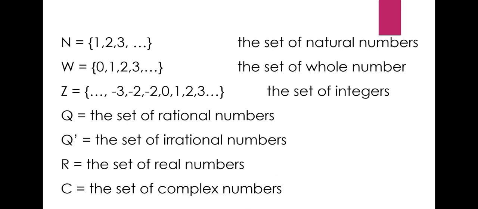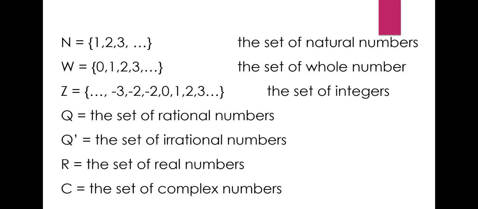When we say natural numbers, these are the numbers that we are using when we are counting: 1, 2, 3, 4, 5, and so on. And then, the capital letter W naman ay the set of whole numbers. Pag nakita nyo yan, ibig sabihin ay for whole numbers siya.